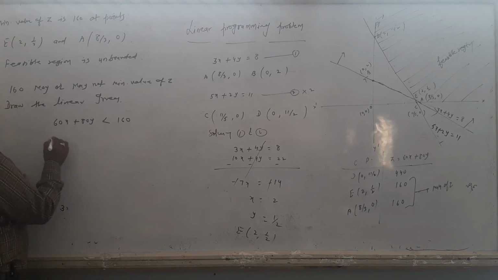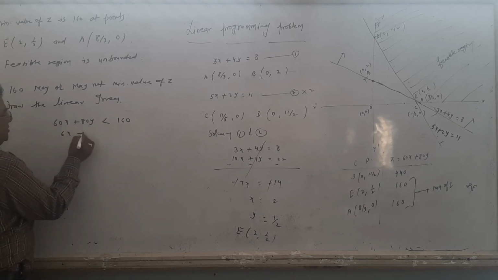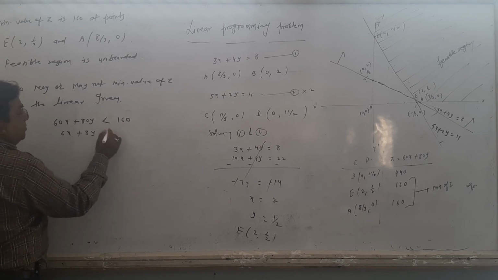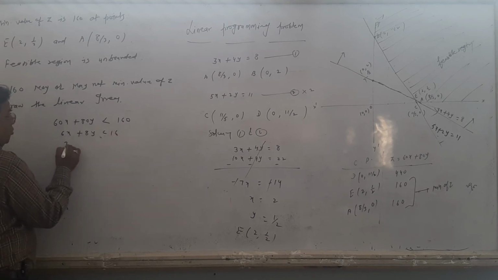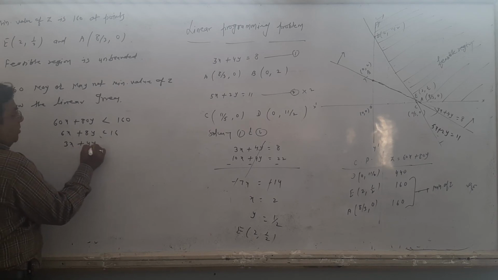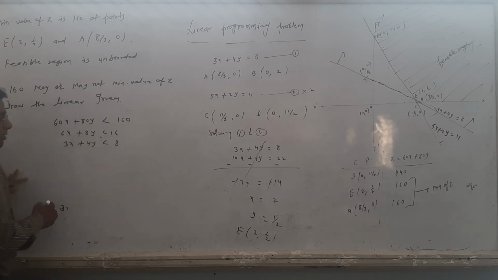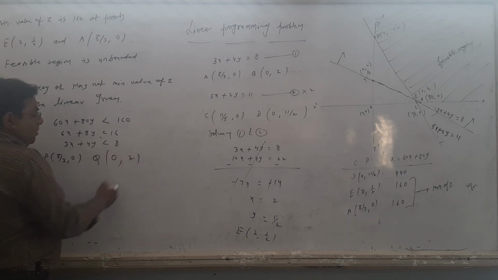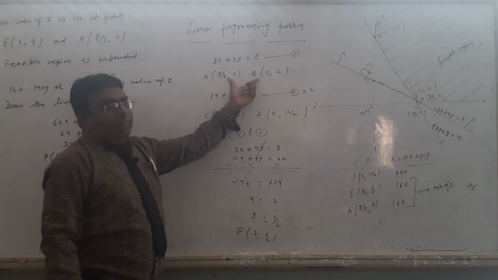Simplify this linear inequality by dividing by 20: 3x plus 4y is less than 8. To draw this on the graph, find 2 points P and Q. When y is 0, x is 8 by 3. When x is 0, y is 2.